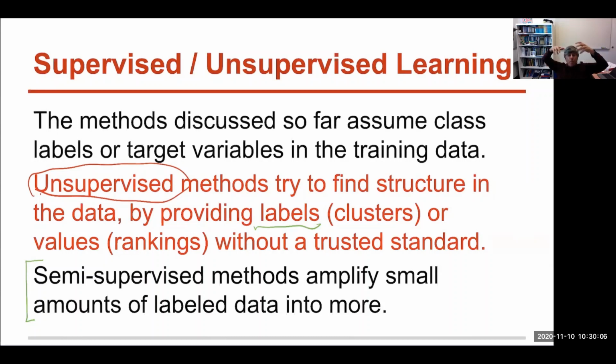Now you've got a lot of tweets that sort of have labels. By doing this in a semi-supervised way, I can leverage a large amount of data from a small amount of labeled data. Any questions? Okay.